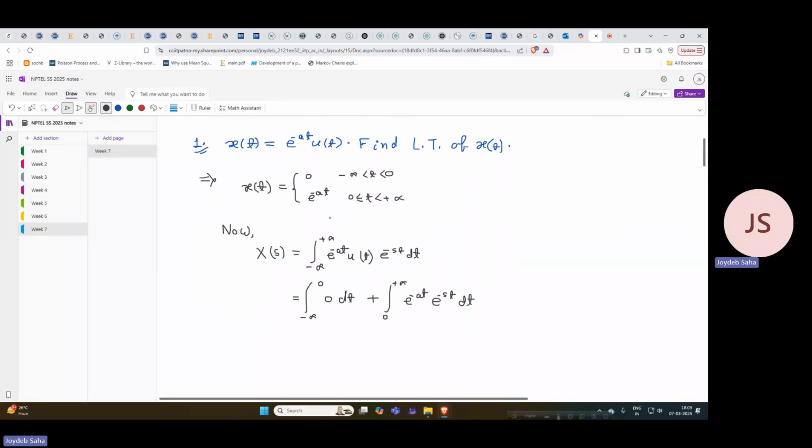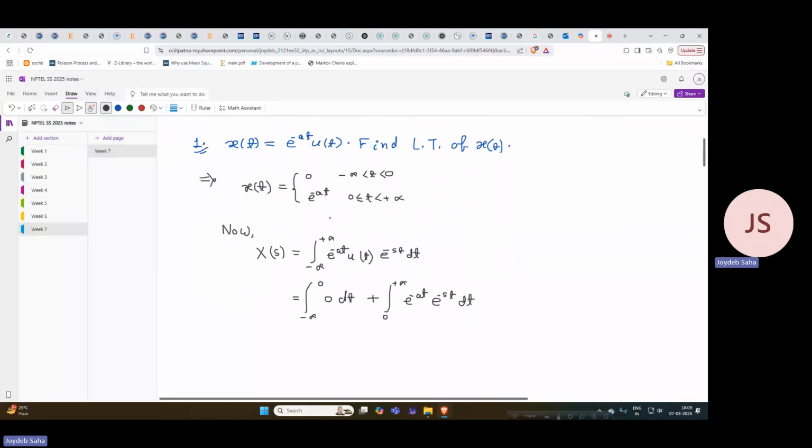Now, from the definition of Laplace transform, we can write capital X of s is equal to the integral from minus infinite to plus infinite of e to the power minus at u(t) e to the power minus st dt.